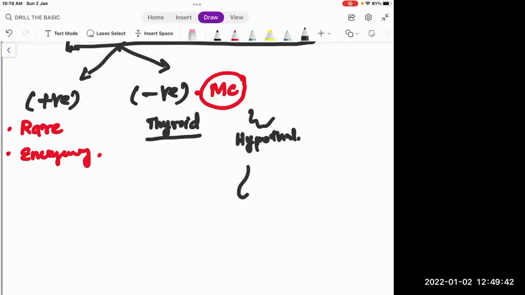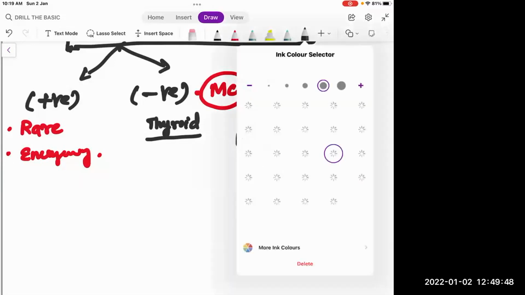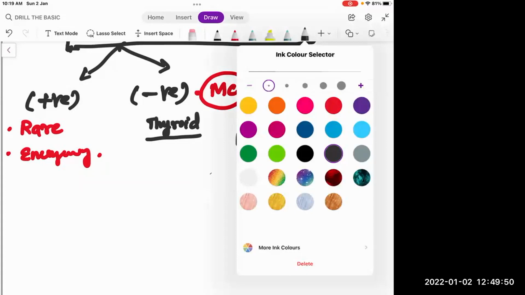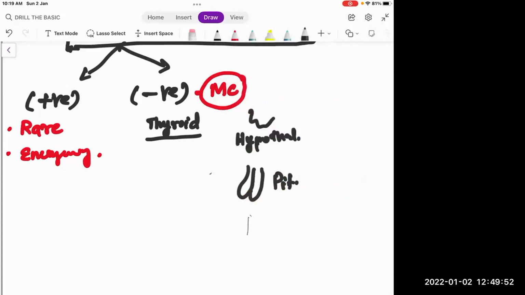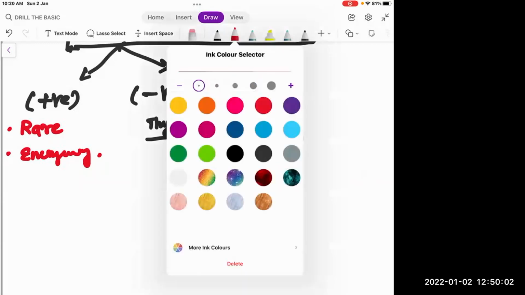From the hypothalamus, the signal will reach the pituitary gland, and this pituitary gland will give the signal to the thyroid gland. The hypothalamus gives the signal to the pituitary gland with the help of a hormone.